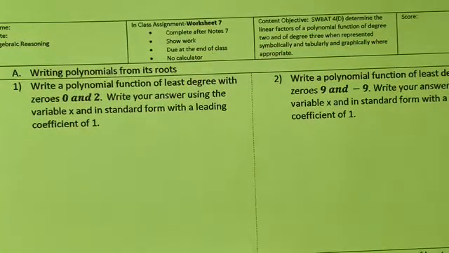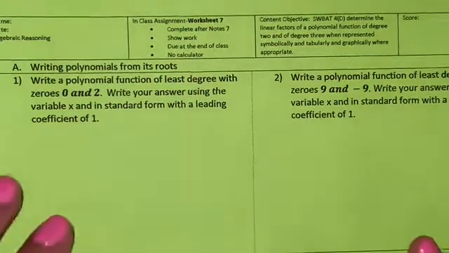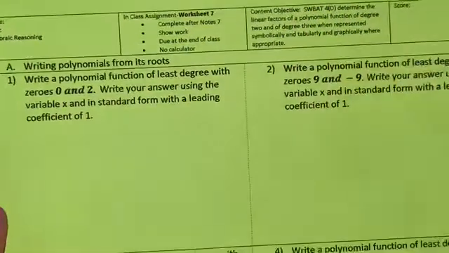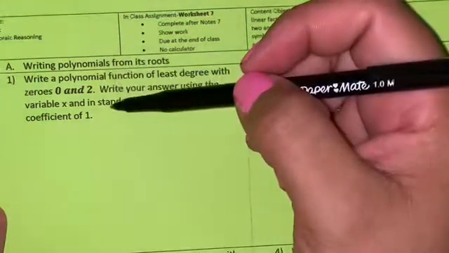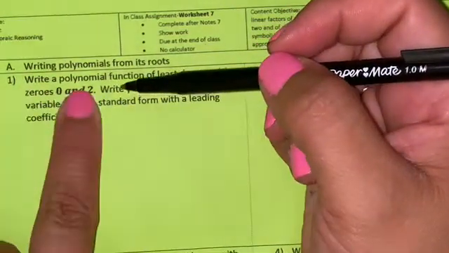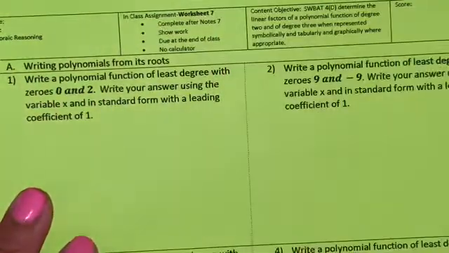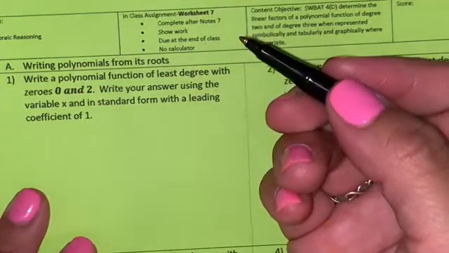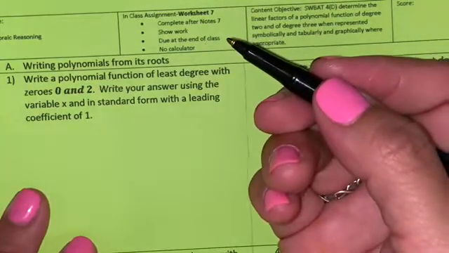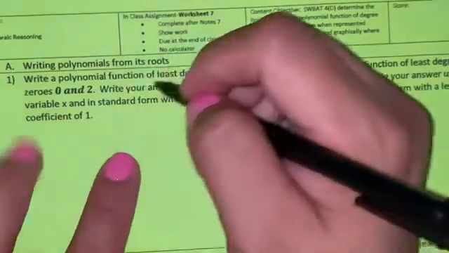And here's a kind of hint when you're working through these. I think I gave you 10 of them. You can tell me by looking at the zeros what the leading term value is.